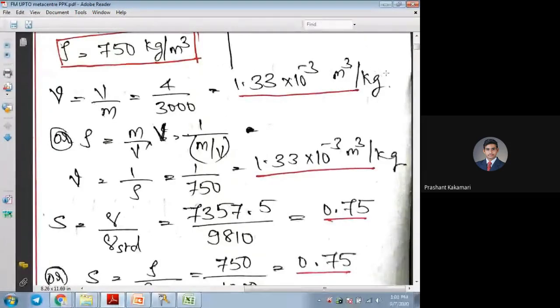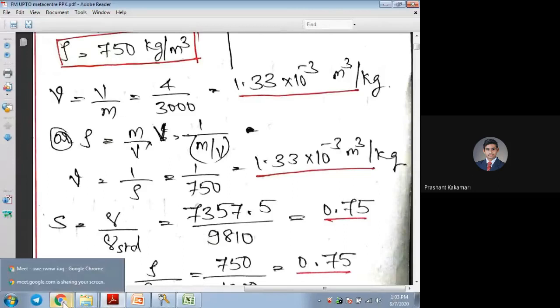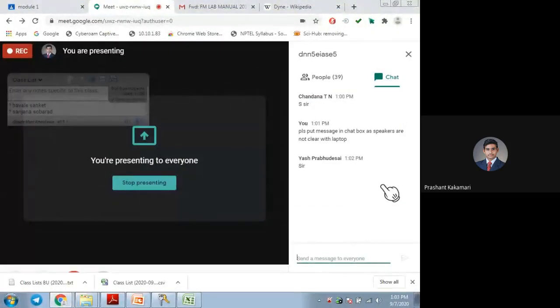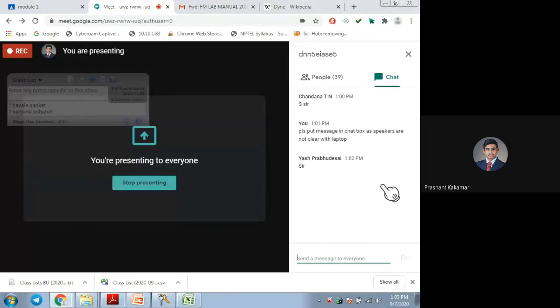If you write 1.33 into 10 raised to minus 3 meter cube per Newton, the answer is wrong, because as per the definition, you have written the units correctly, but the answer is in meter cube per kg. I hope the point is clear. You can write the answer as meter cube per Newton or meter cube per kg, but the conversion should be clear.